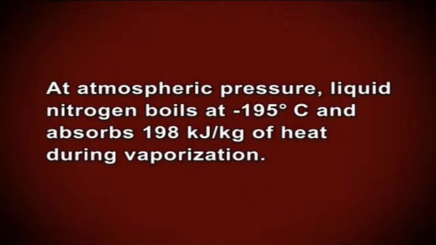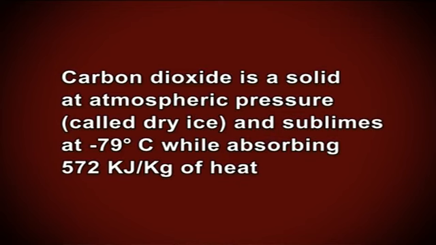At atmospheric pressure, liquid nitrogen boils at minus 195 degrees centigrade and absorbs 198 kJ/kg of heat during vaporization. Carbon dioxide is a solid at atmospheric pressure called dry ice and sublimes at minus 79 degrees centigrade while absorbing 572 kJ/kg of heat.